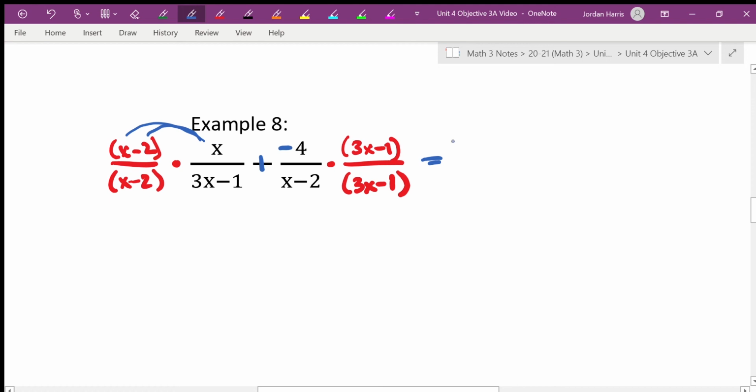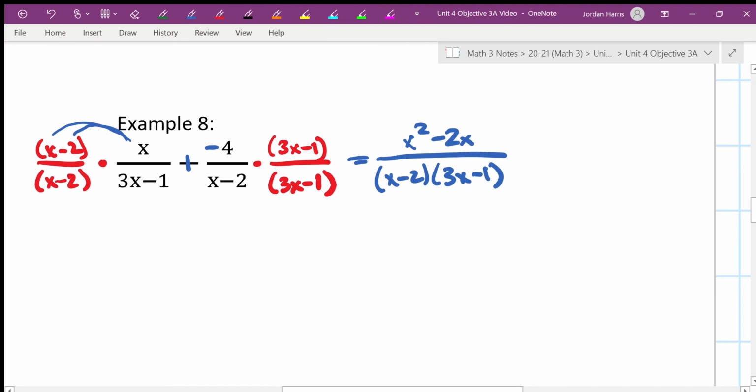So the top one is x squared minus 2x over x minus 2, 3x minus 1. Don't distribute the bottom. There's no point in distributing the bottom. The top we have to distribute, which we'll see why in just a sec.